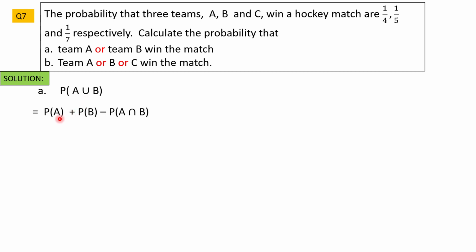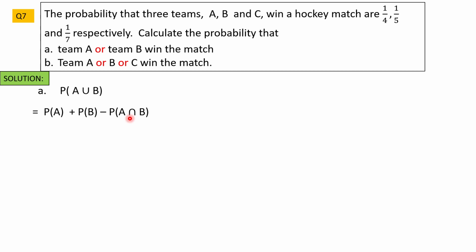The formula is probability A plus probability B minus the probability of the intersection between A and B. Now intersection, can team A and team B win at the same time in a match? That is impossible to happen. Only one team will be the winning team.